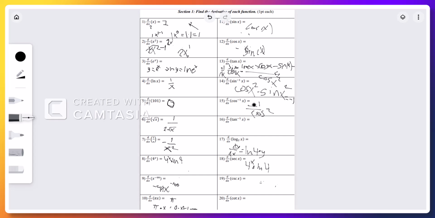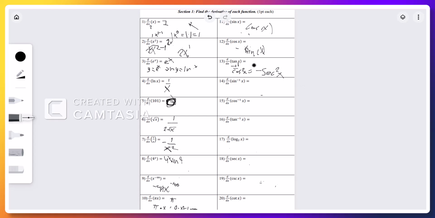So after we get that, we get 1 over cosine squared. This is some trig. 1 over cosine squared x is going to be secant squared x. And 1 over cosine x will equal secant. So we get the secant squared x.